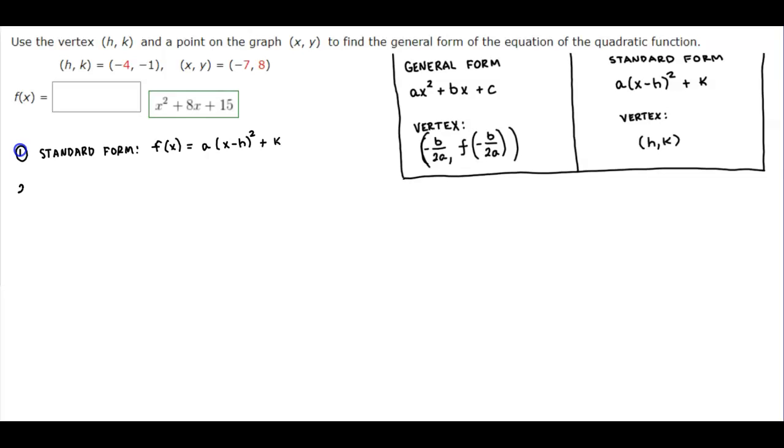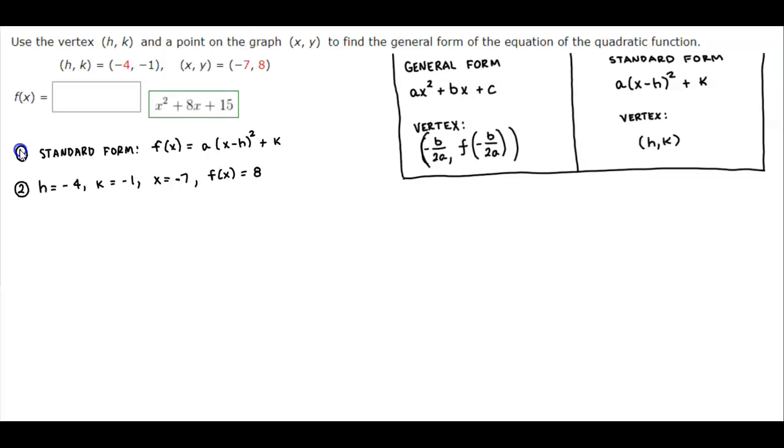In our problem, we know that h is equal to -4, k is equal to -1. We also know that the value of x in our coordinate is -7, and f of x, which is the output, is equal to 8.